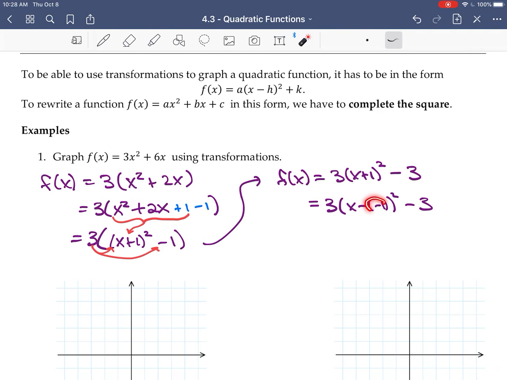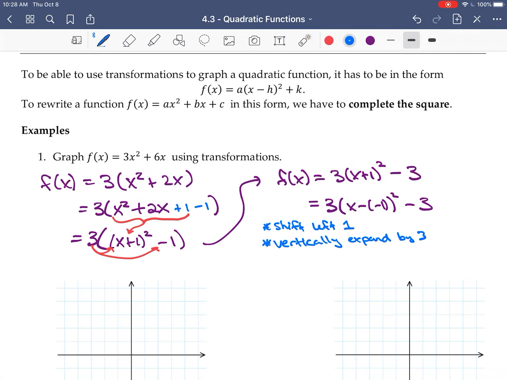So this plus 1 is going to shift. Let's write what transformations we have. We're going to have to shift left 1 unit. We're going to have to vertically expand by 3. That's from this 3 here.